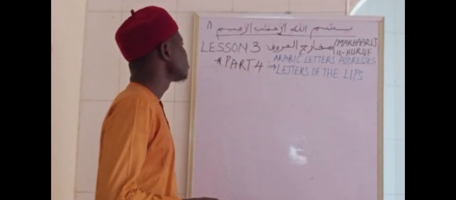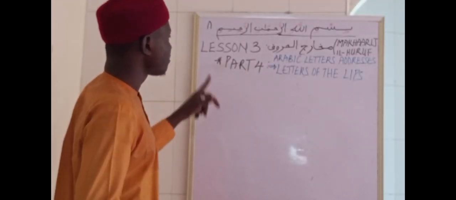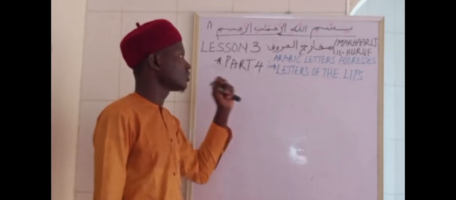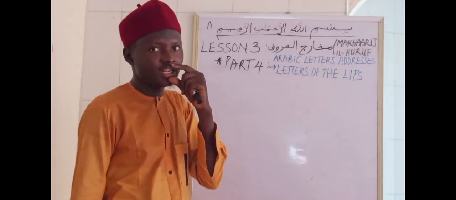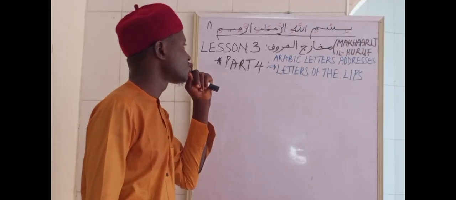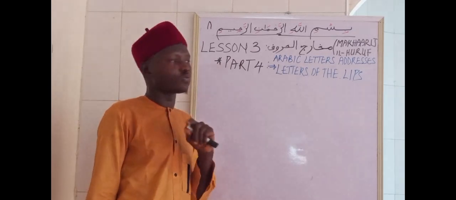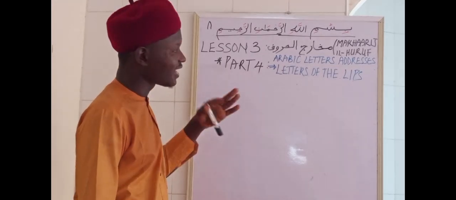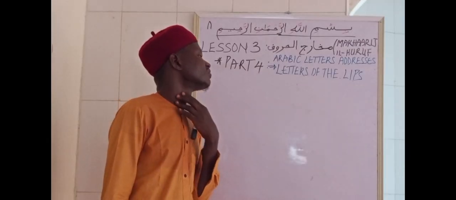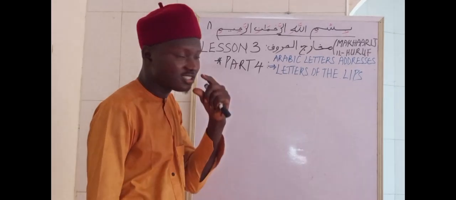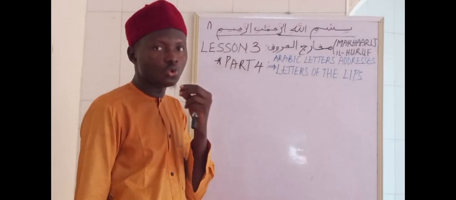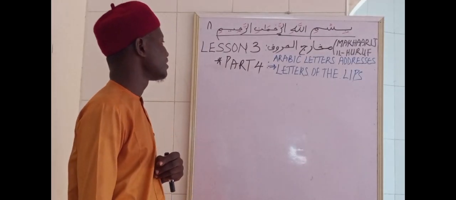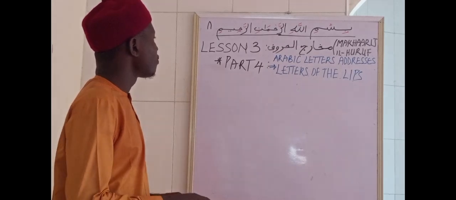So now, today, in our lesson 3, part 4, we are going to be looking at the final articulation, which is the lips. So we said palate and teeth are assistants, and we have been seeing how they assist the main articulation to bring out the sound of each and every letter.